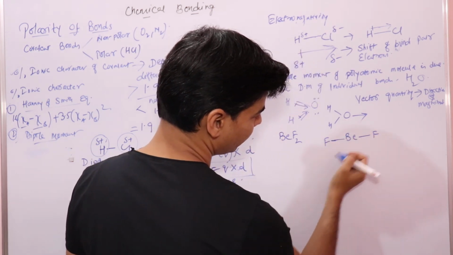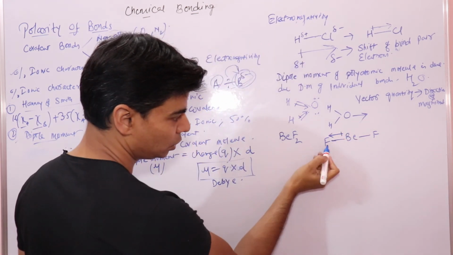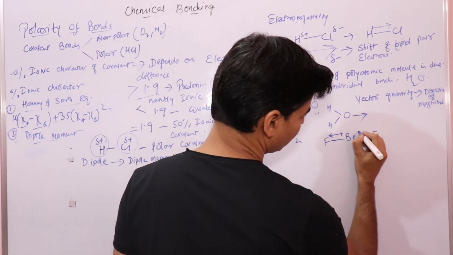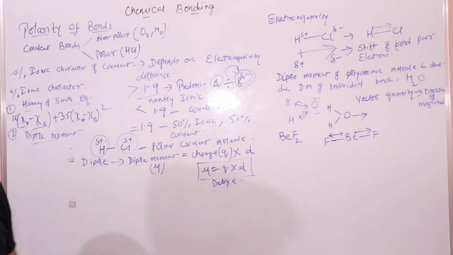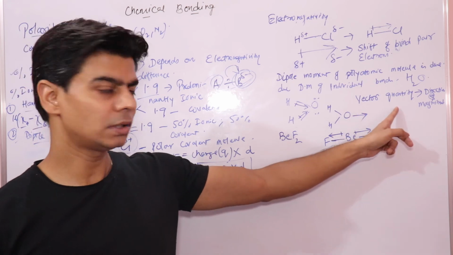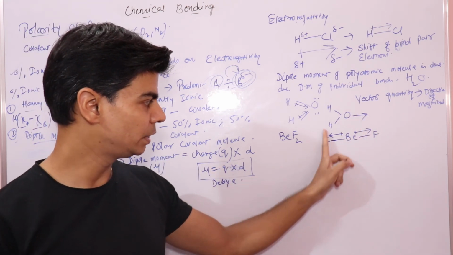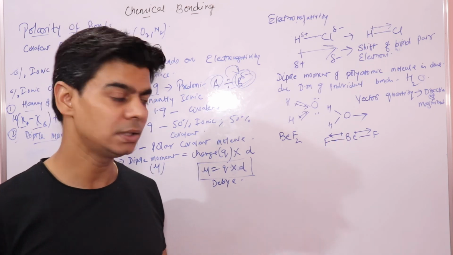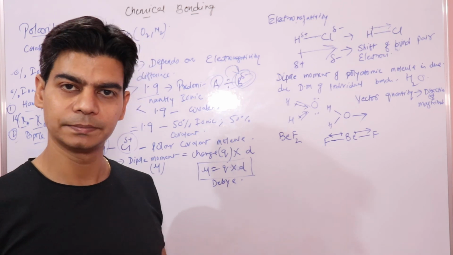Fluorine is more electronegative, so this is how we will represent the dipole moment, pointing towards the more electronegative atom. Here also we will point it towards the more electronegative. Since it's a vector quantity and the directions of both dipole moments are opposite, based on how these bonds are arranged in space.